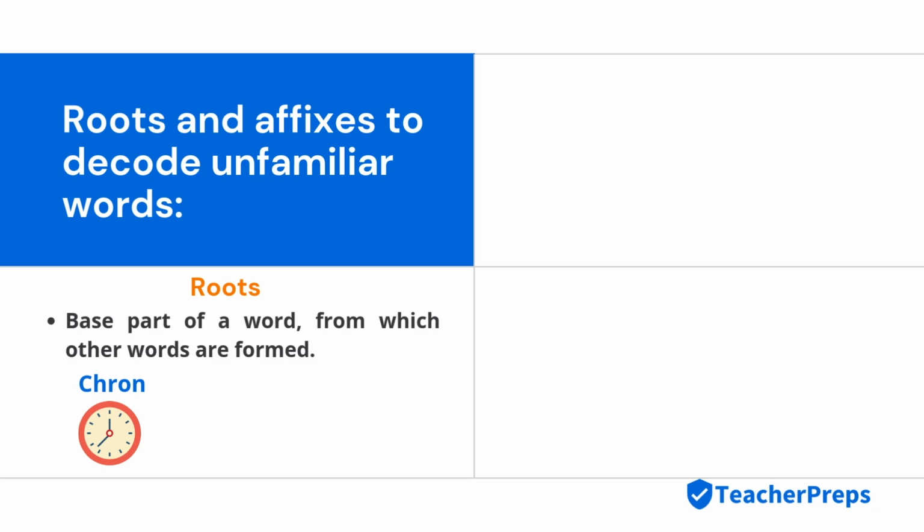Another example, the root chron, which comes from the Greek language. This root is found in words like chronology, which means sequence of time, or synchronize, which means to do at the same time, as well as chronic, which means happening over time.